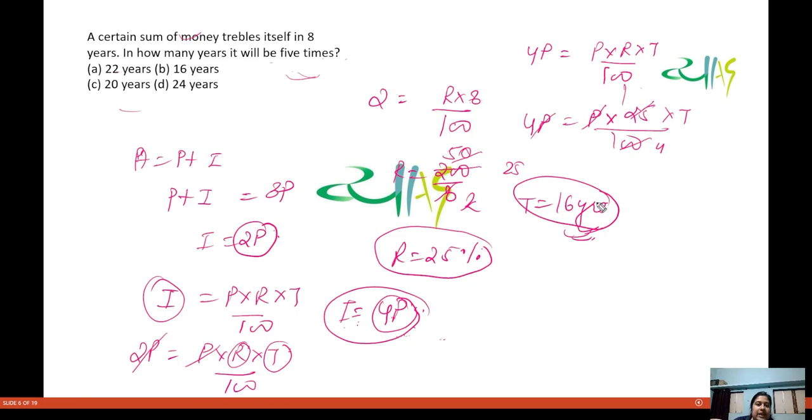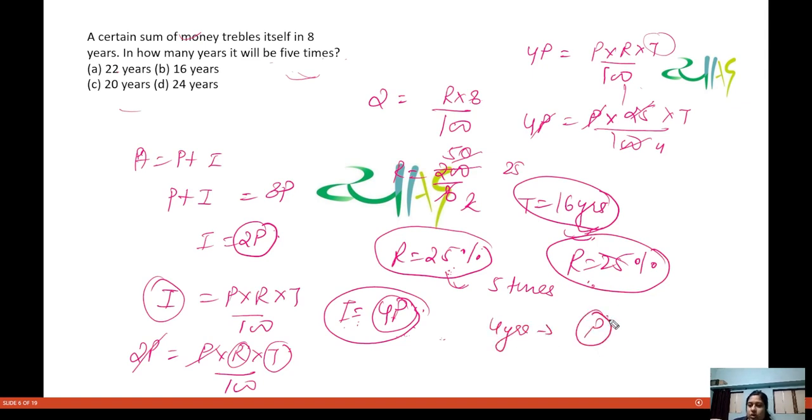Now see, even this can tell you when it will become 5 times. For example, you don't have to use T also here. If there is a 25% interest rate, if R is equal to 25%, that means in 4 years it will become P again.